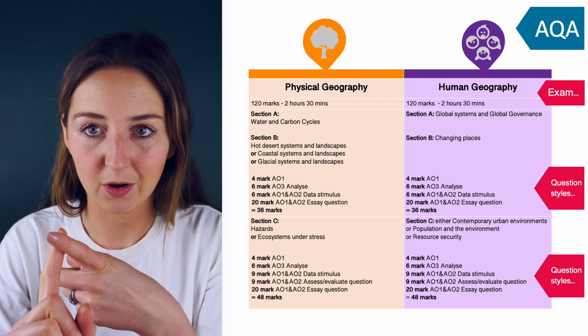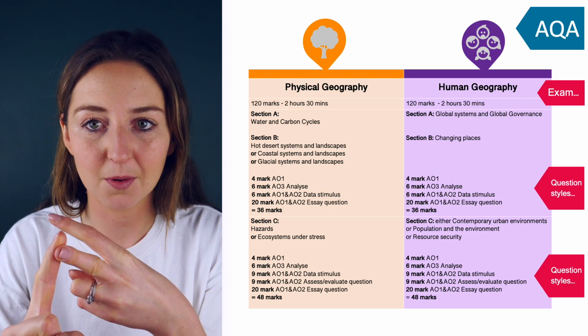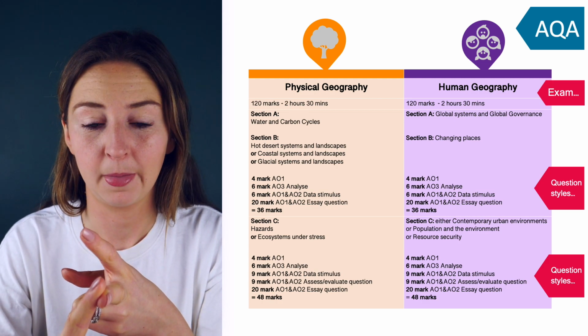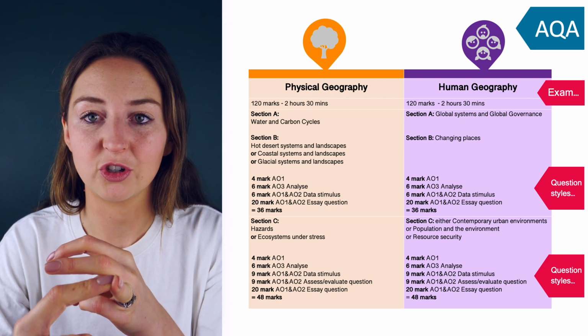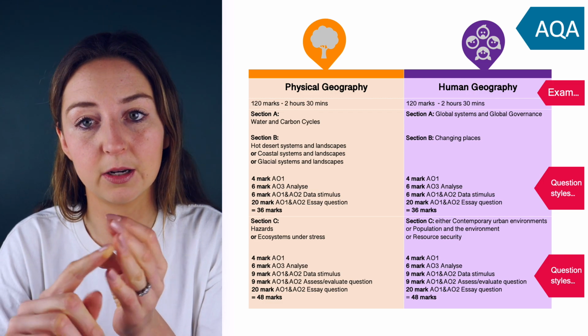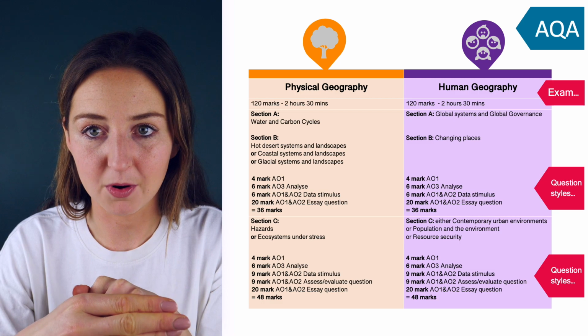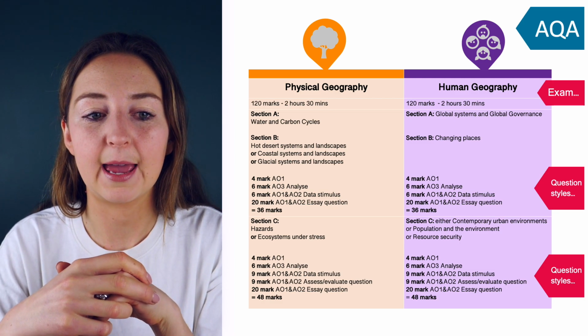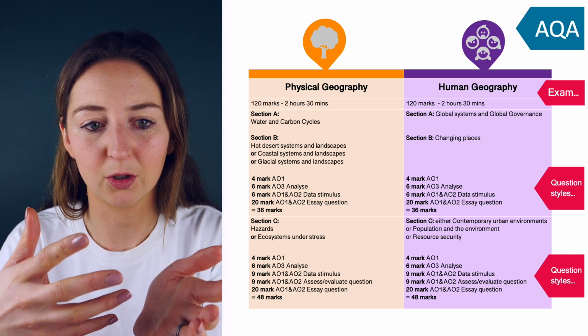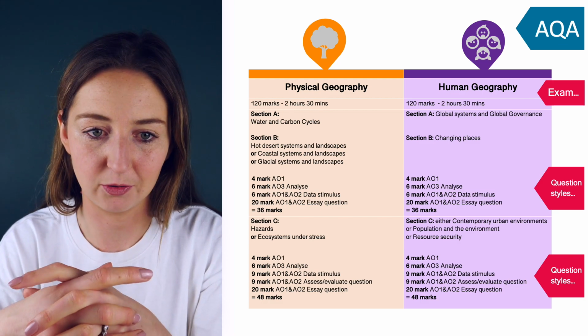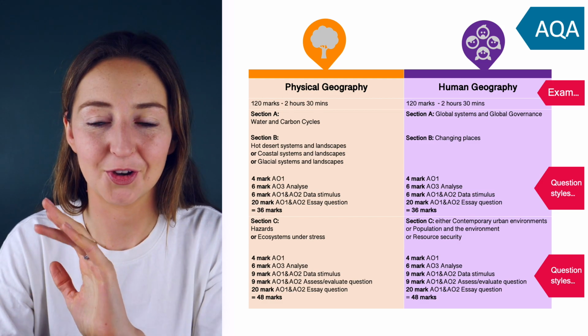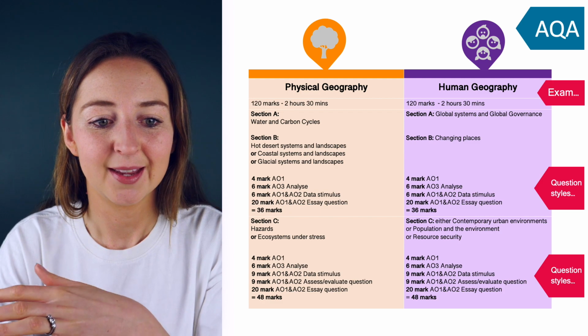So you have 4 marks AO1, 6 marks AO3 analyse. Then the geographical data question is actually turned into a 9-mark question, kind of like the assess question. And then you get another 9-mark question, which is almost like a mini 20-mark question. And then you get followed by a final 20-mark question. So that's what the exam will look like.